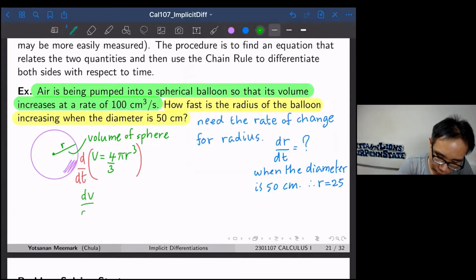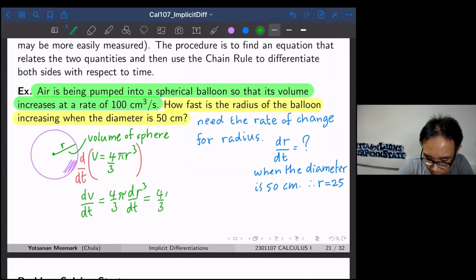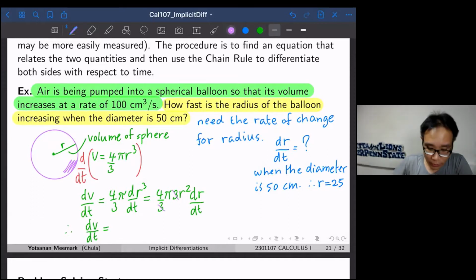So you get dV/dt equal to 4/3 pi times d/dt of r cubed. This is 4/3 pi times 3r squared, and don't forget that you use the chain rule, so it's times dr/dt. The 3 and 3 cancel each other, so dV/dt equals 4 pi r squared dr/dt.